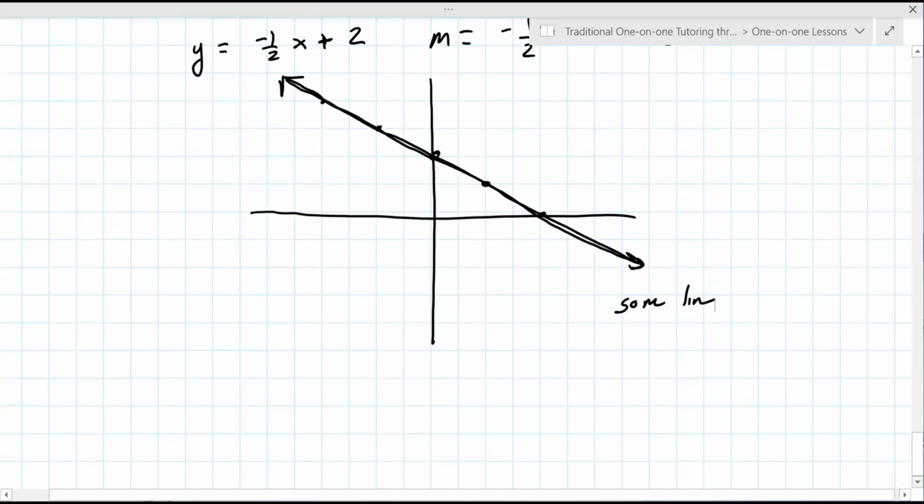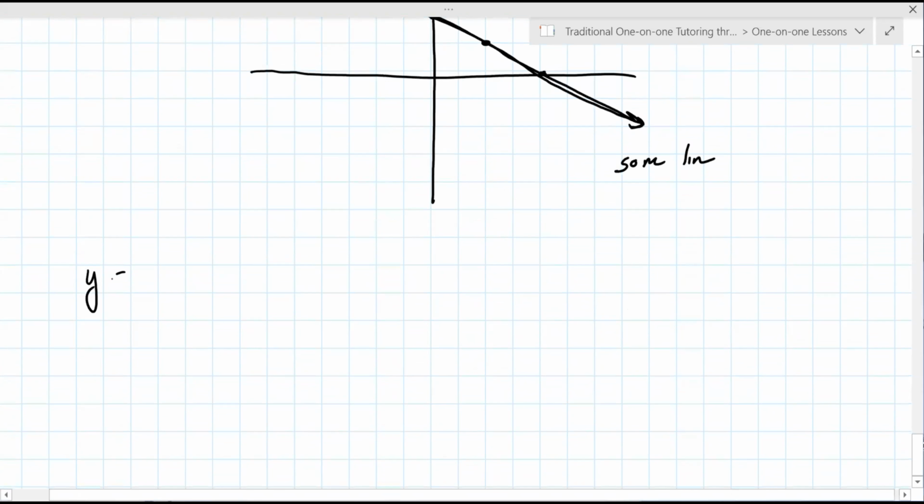Okay, so the next kind of questions that I'm seeing on your worksheet here is like, well, what happens if I give you x equals or y equals? Just a brief review before we do that. If I give you the equation y equals a number, this is always a horizontal line.